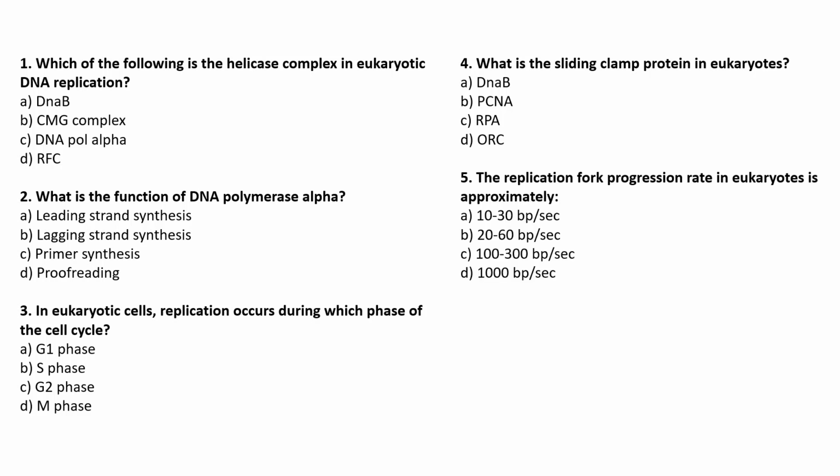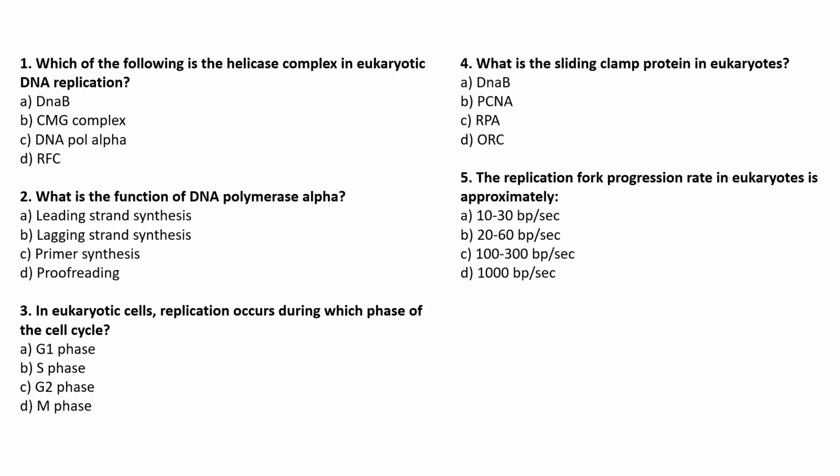Okay, so this is just a couple of factual questions really, but it's useful to know this to understand the scale of these things. So the replication fork progression rate in eukaryotes, how much is it approximately? What do you guys think? So yeah, this is a bit factual, but anyway, it's good to know.